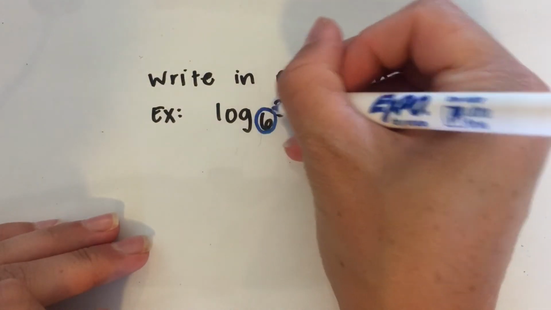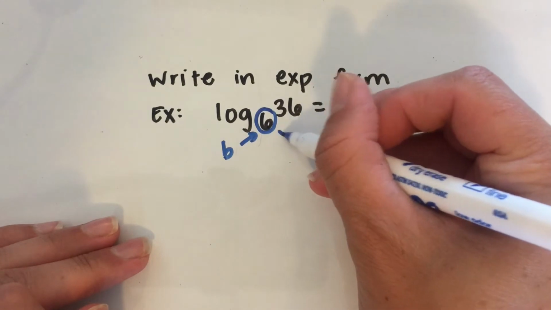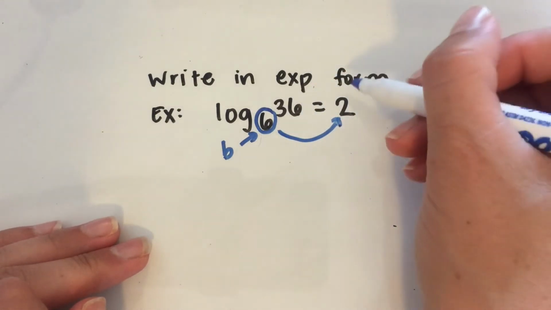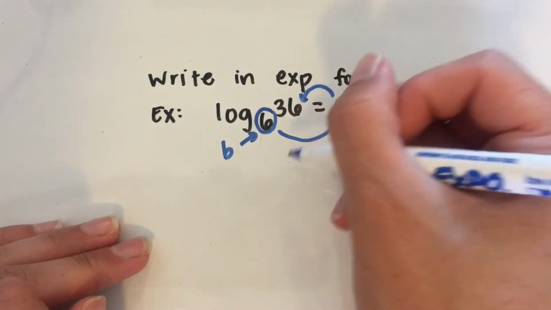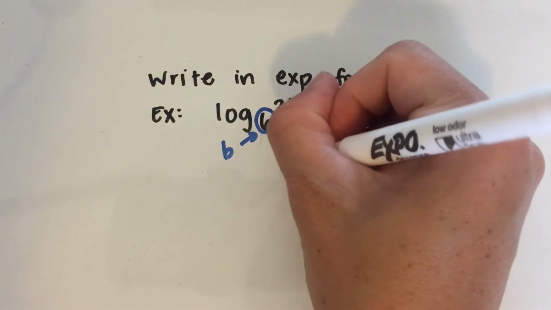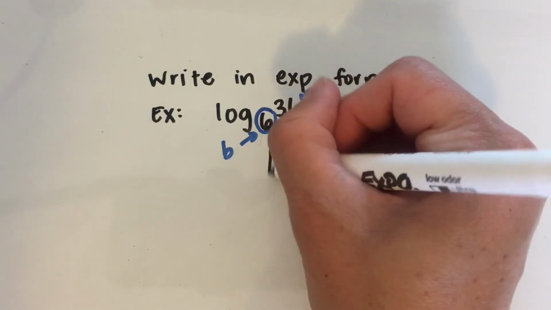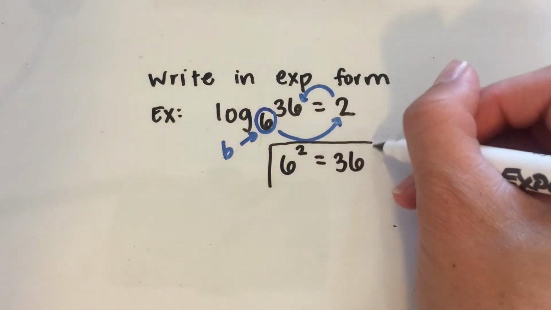So here my base is 6. And going in that counterclockwise direction, I'm going to do b to the 2. So in other words, 6 to the 2, and set it equal to 36.